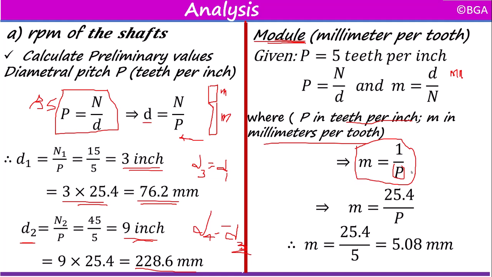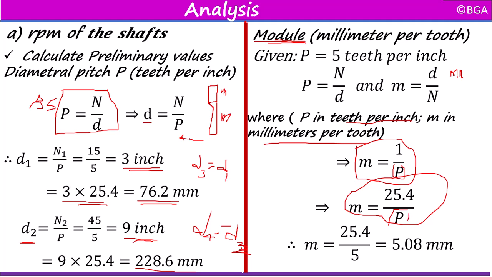So you need to convert this P to millimeter because m is always in millimeter per tooth. For conversion to millimeters, you just divide 25.4 by the p-value, and then you get m in terms of millimeter per tooth. Here diametral pitch is given to be 5.